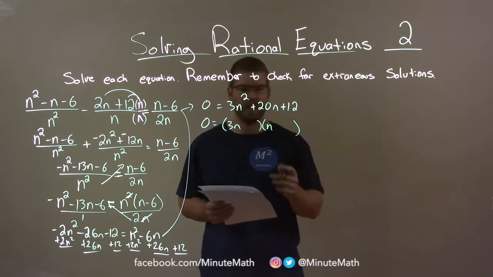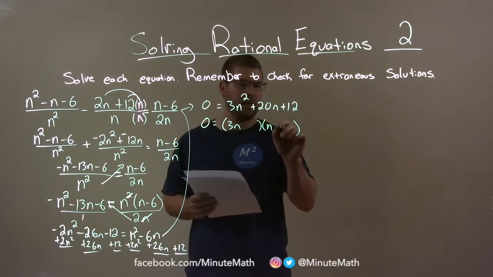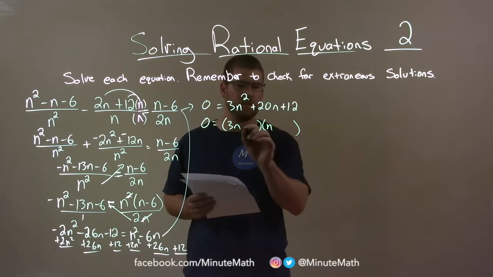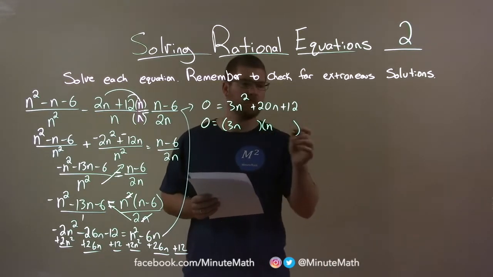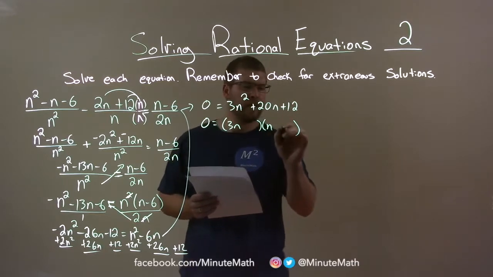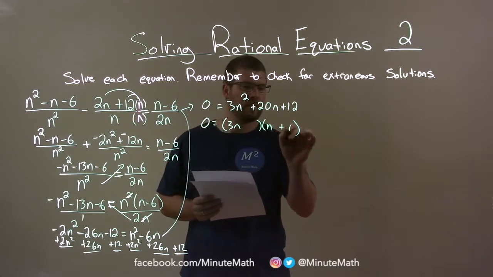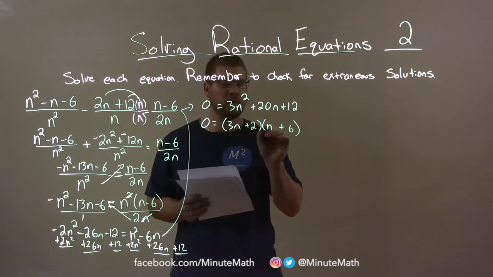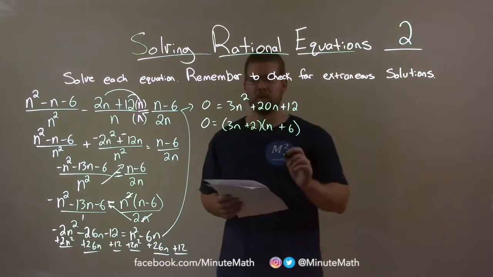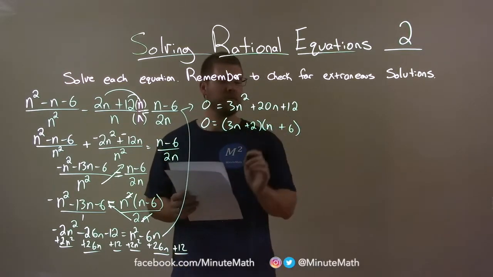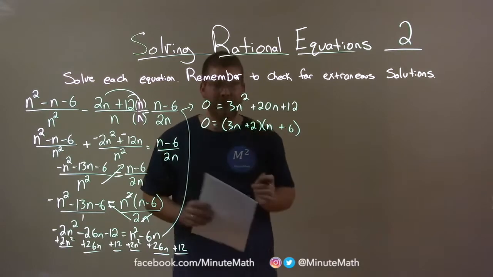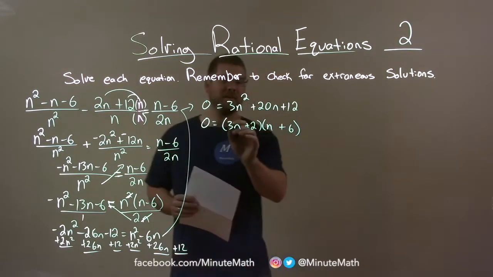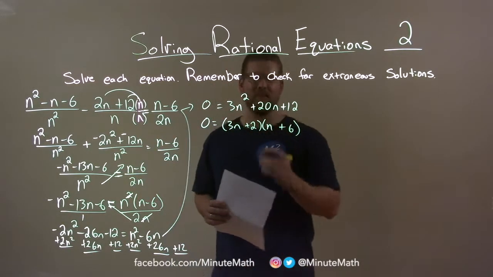If I do plus 6 here, and plus 2 here, 2 times 6 would be that 12. And 3 times 6 is 18, plus 2 is 20. That will get us there.